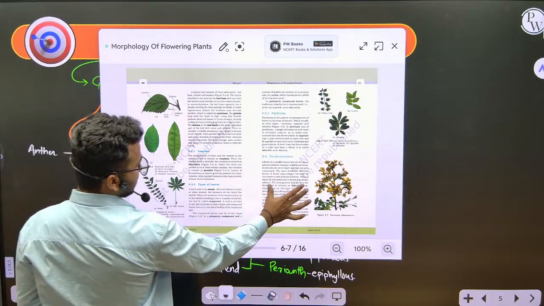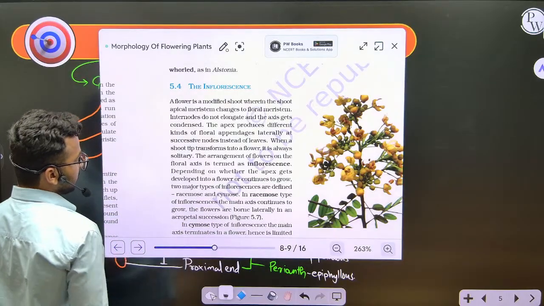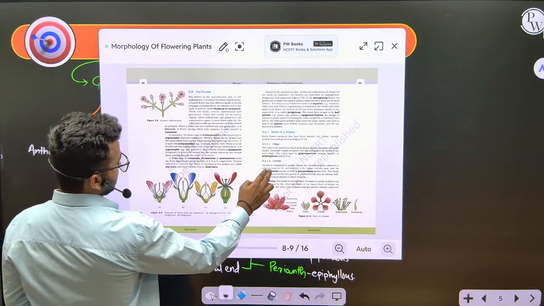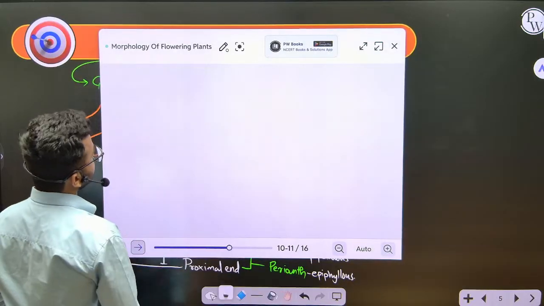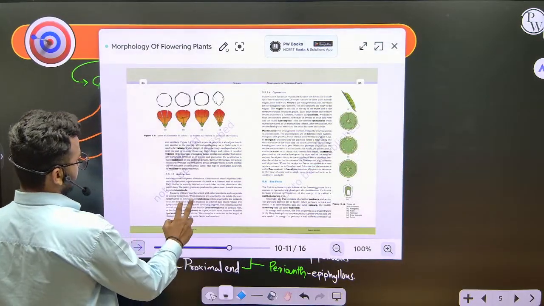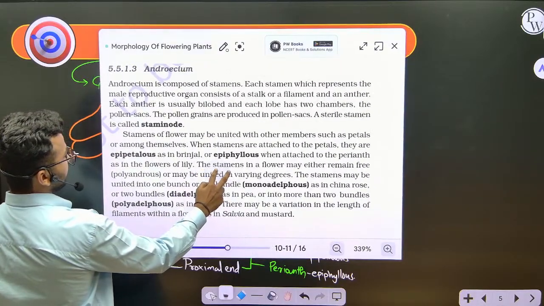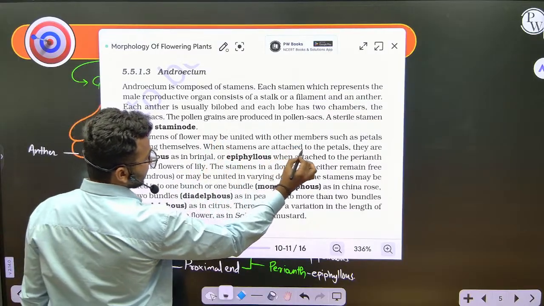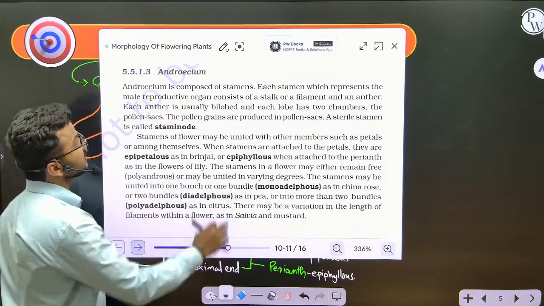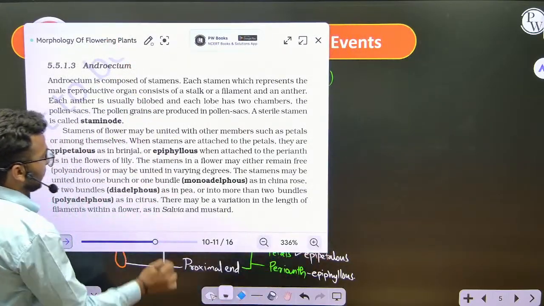See, inflorescence, we just now said, the inflorescence word is from here. In androecium, the stamens of a flower may be united, but leave that. When stamens are attached to the petals, it is the epipetalous condition.